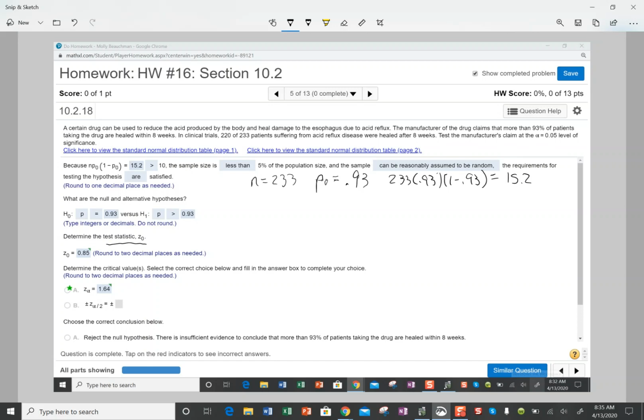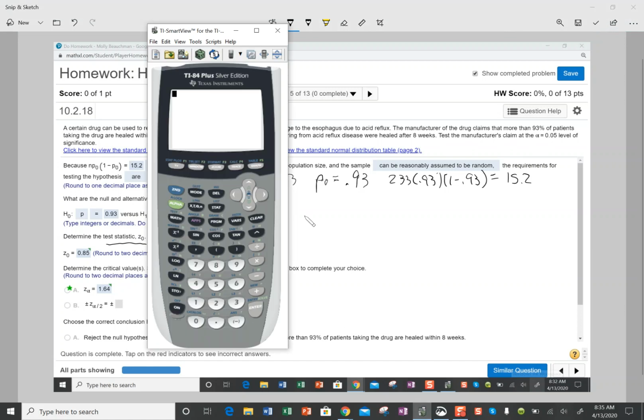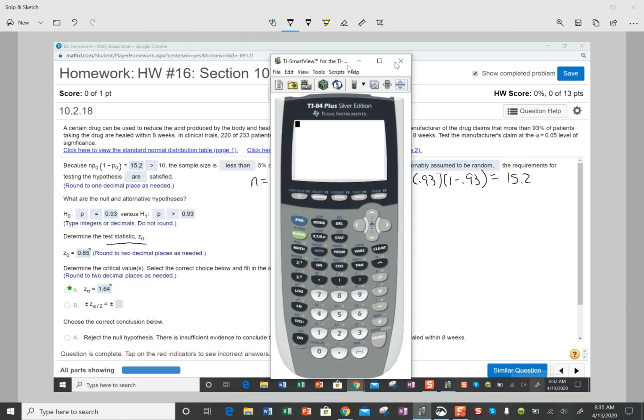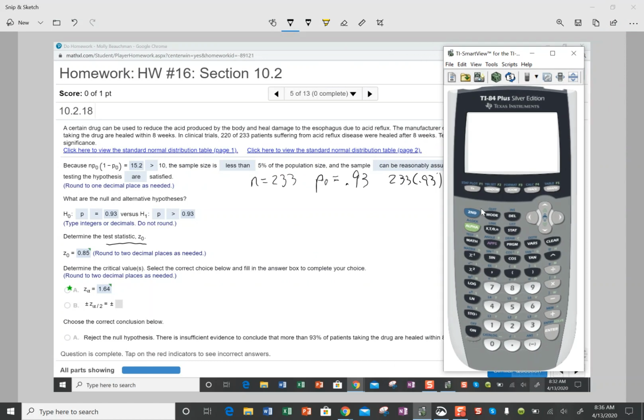So let's go ahead and run the test on the calculator. We go to Stat, over to Tests. This is a proportion test, so it's a one proportion z test. All of the proportion tests will be z-tests. Hit enter. The input that we need for the one proportion z-test is the null hypothesis value, for this problem 0.93.